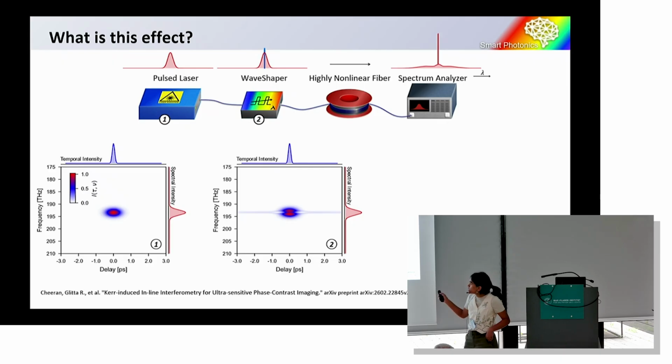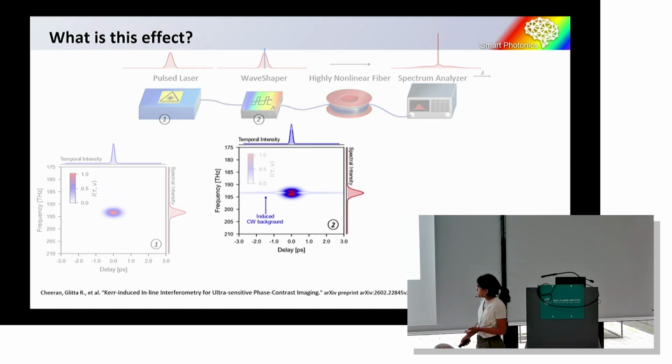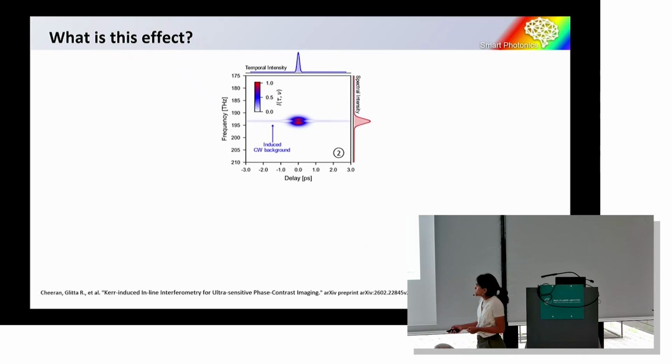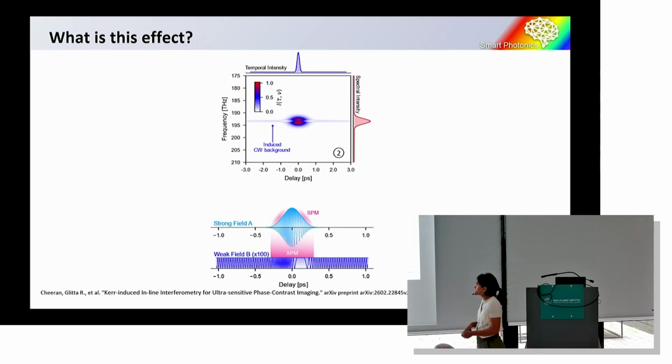So you see the transformation, and if the bit is small enough, it appears as a continuous wave background. When this passes through the nonlinear fiber, it can be decomposed into 2 fields: a strong field, A, and a weak field, which is the continuous wave background.